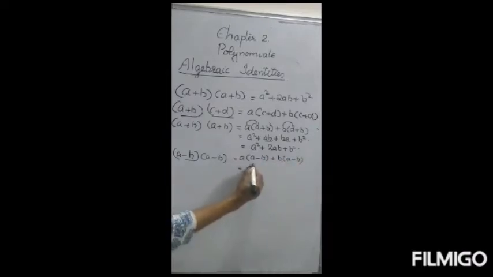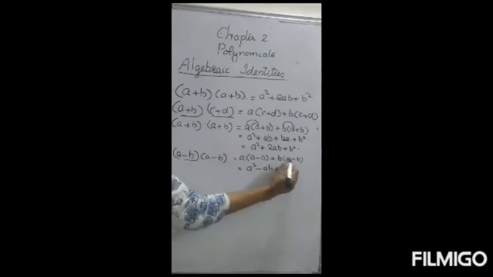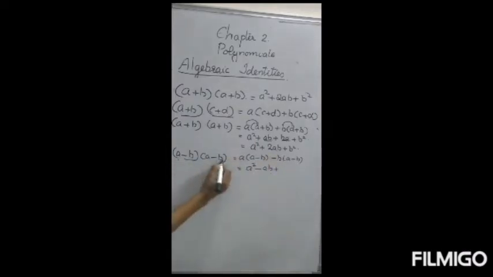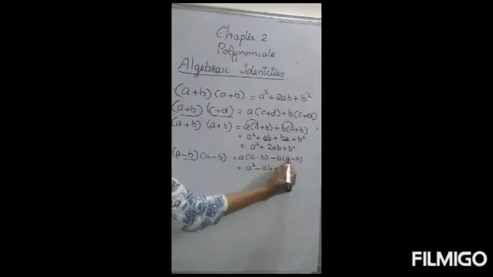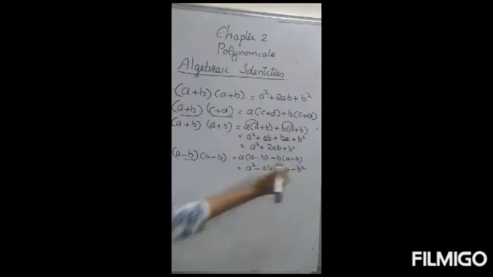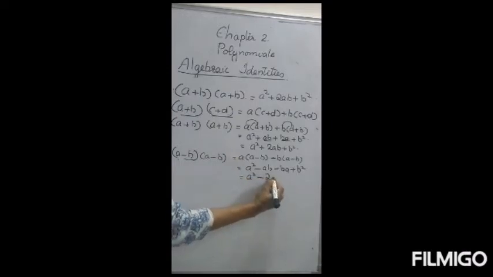That is a² - ab, and here also minus b into (a - b), that is minus ba and plus b², since minus into minus is plus b². That is a² - 2ab + b².